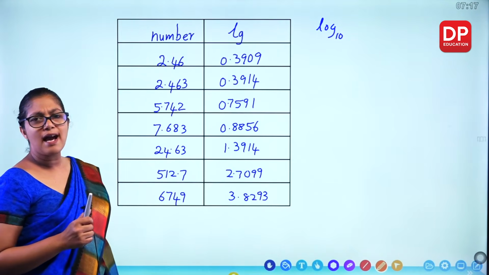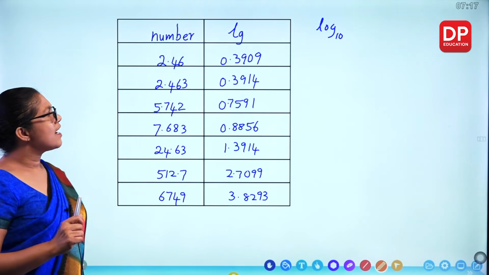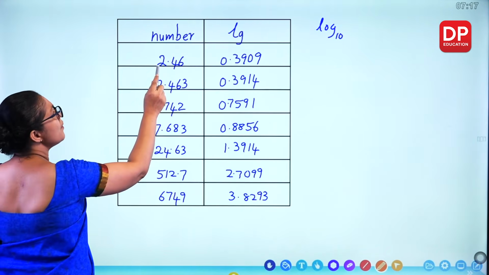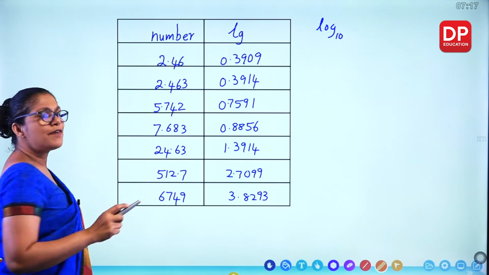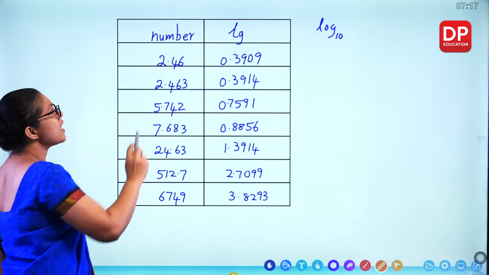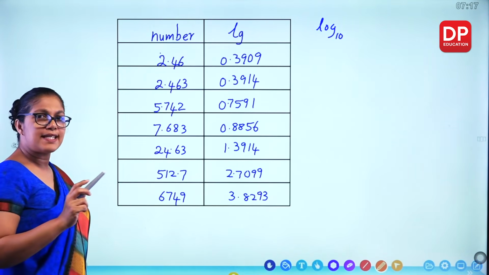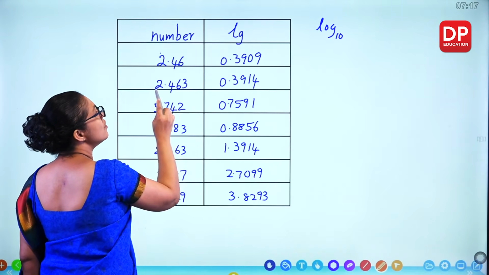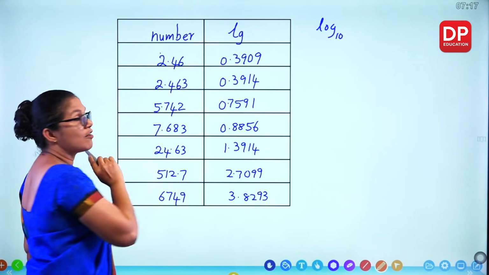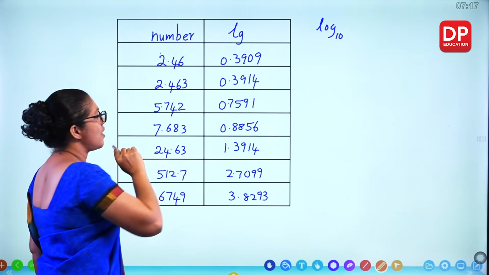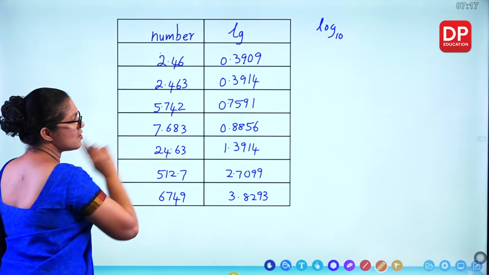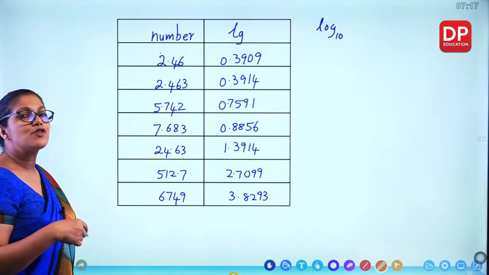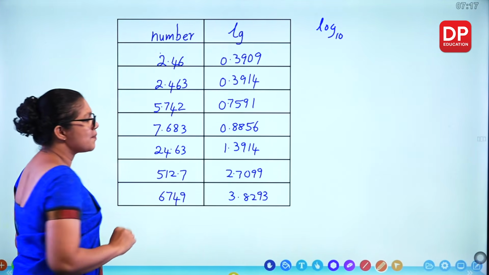Now, when you look at carefully, we can write down the numbers at once. Now here, when you look at the scientific notation, what's the power of 10? This number is less than 10, so 10 to the power 0. 0 here. Here also 0. Here also less than 10, 0 comes. This is also 0. But look at this one, 24. That means 10 to the power 1. 1 comes here.